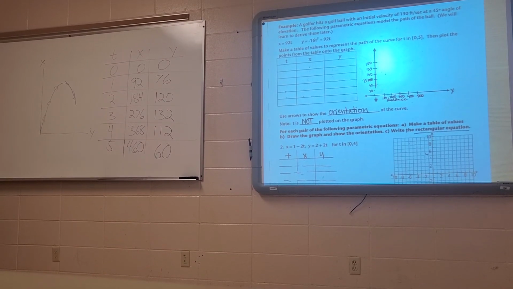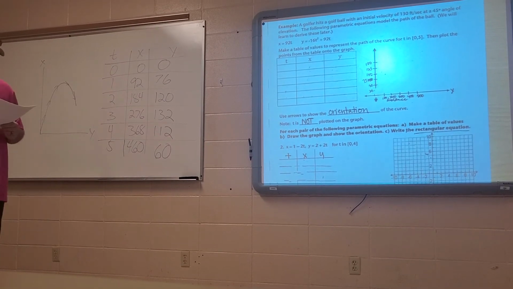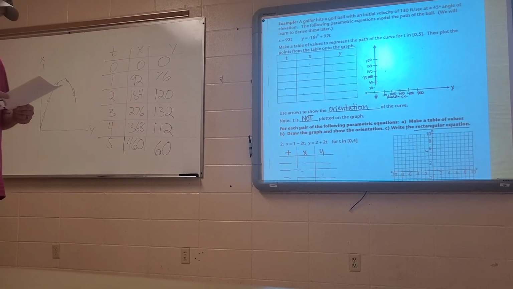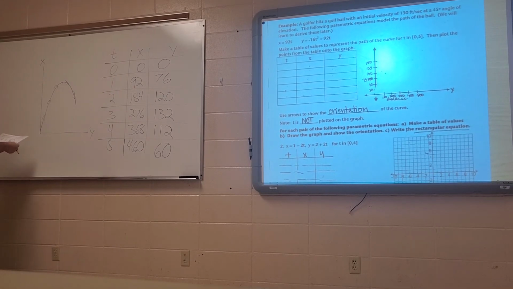Okay, for each pair of the following parametric equations, make a table of values. Draw the graph and show the orientation, right? The rectangular equation. Okay?